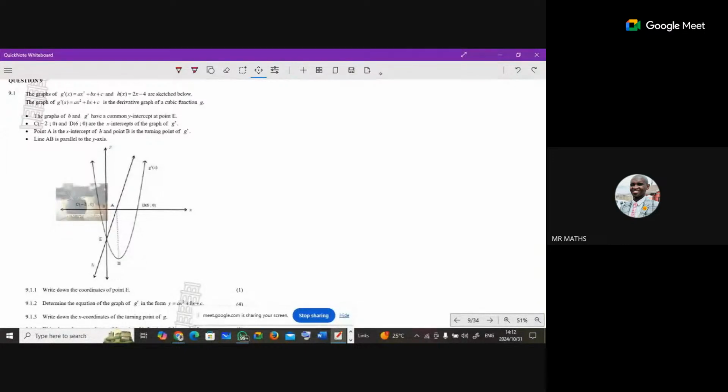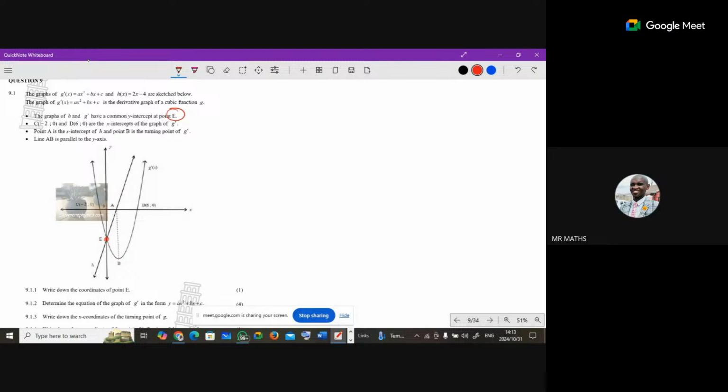Now the graph of h and g prime have a common y-intercept at point E. What do you know about the y-intercept of the cubic function?